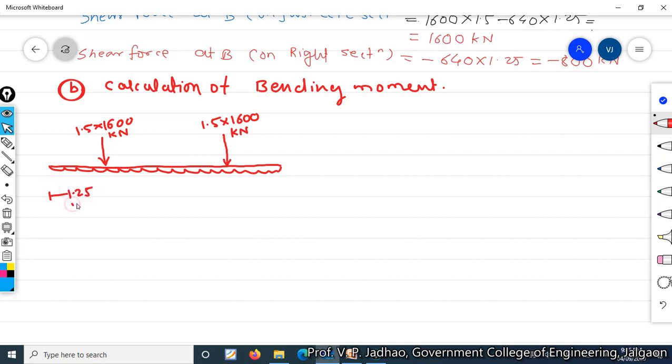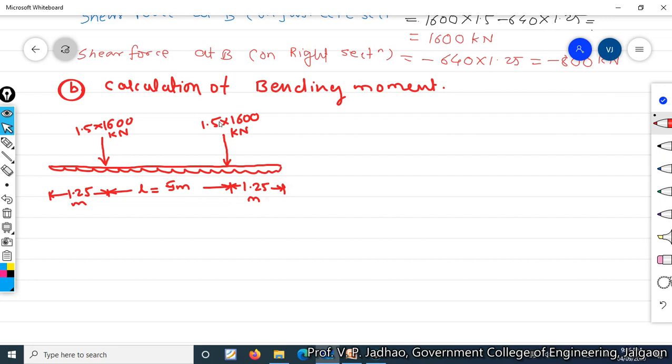This distance is 1.25 meters. Again we have this distance, small l, equal to 5 meters, that is the distance between two columns. And again this distance is 1.25 meters.